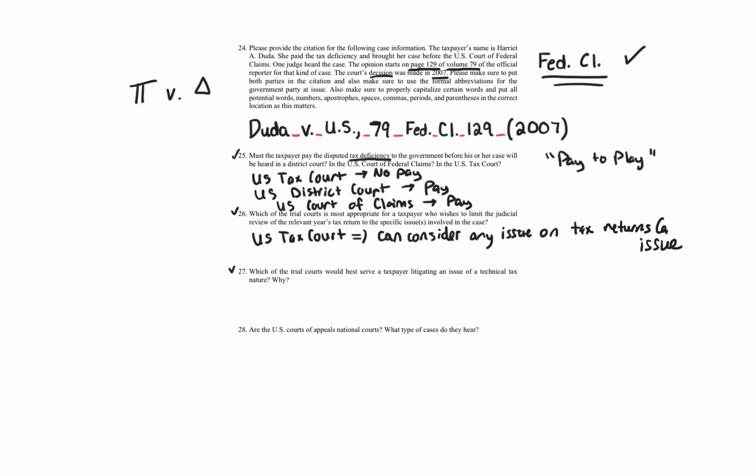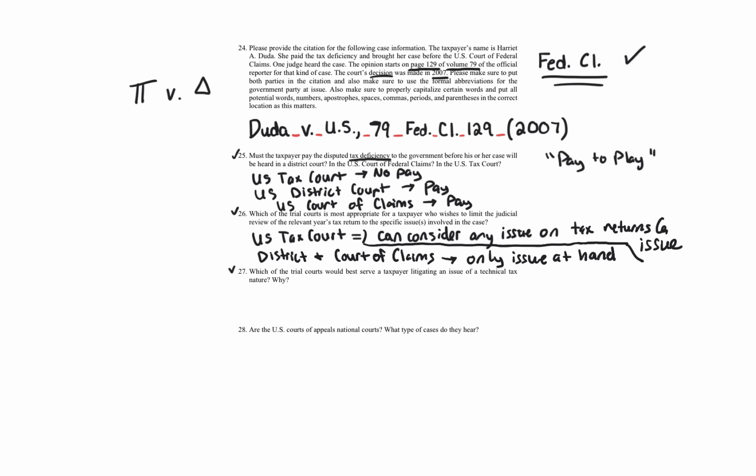The other courts, the district court and the U.S. Court of Claims, let me put a line here to separate these, only can hear the issue at hand. Only the issue at hand before the court. They cannot consider other issues.